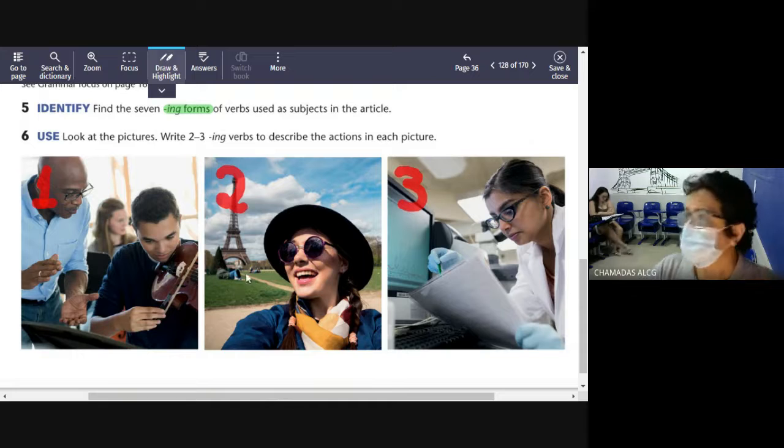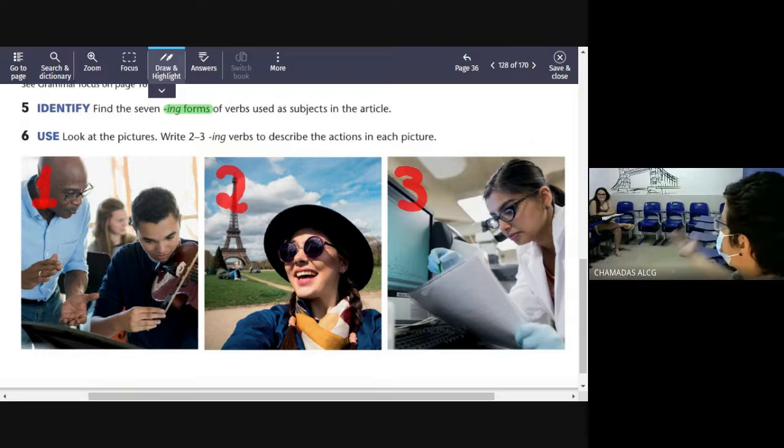Okay, we described the actions. Now, if we want to create different sentences using a verb in the ing form as a subject, what could we do here? What sentence could we create for this picture?